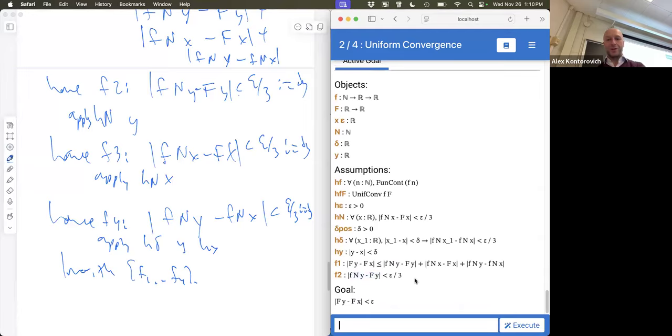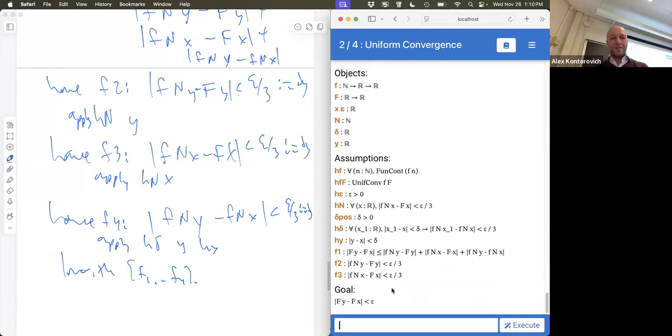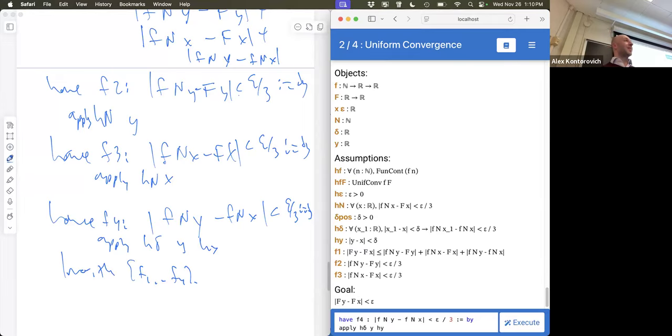That bound is at most epsilon over 3. F3 is the same thing with x's. Beautiful. And F4 is that Fny minus Fnx is less than also epsilon over 3. And that is by apply H delta to y, and y is within delta of x.